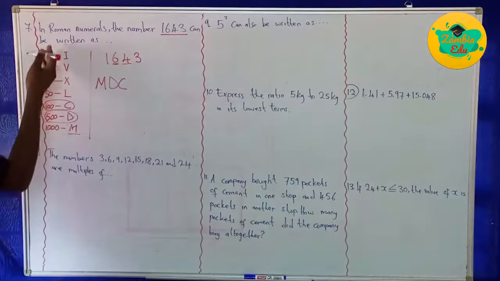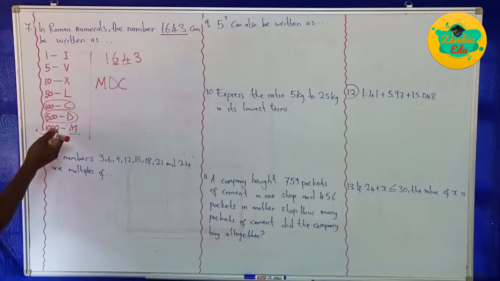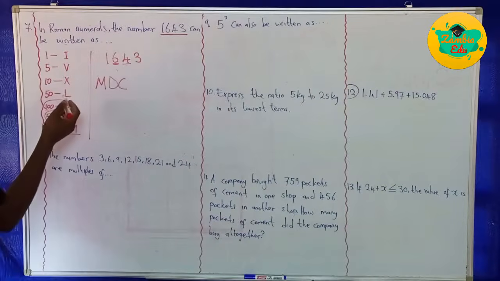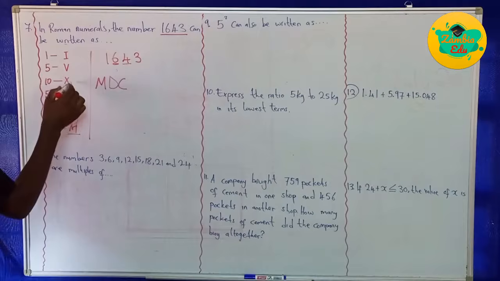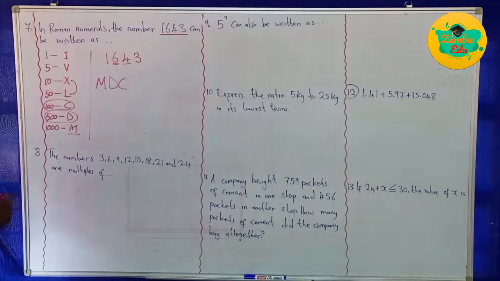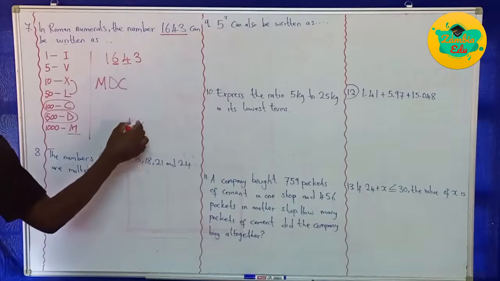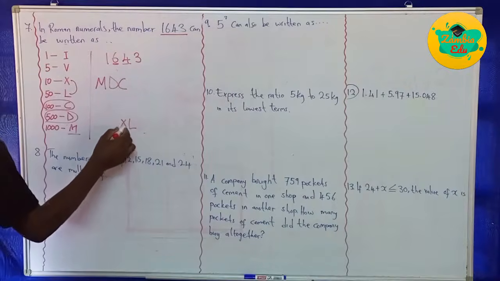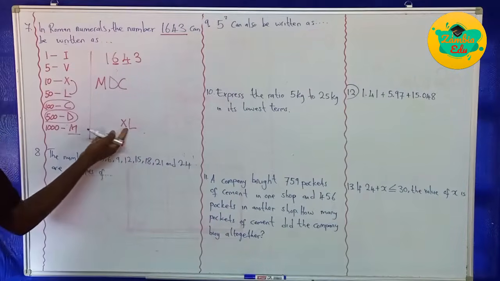So we do not have 43 here. So the only thing that we have to do is to make up the 43. So we have 50 and we have X there. So we can work with those two. If we write LX, this is 50 plus 10. But if we want it to become a 40, we put the X at the back of L. If the smaller Roman numeral is behind the larger one, it means subtraction.